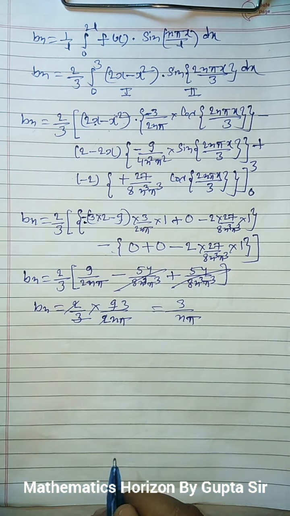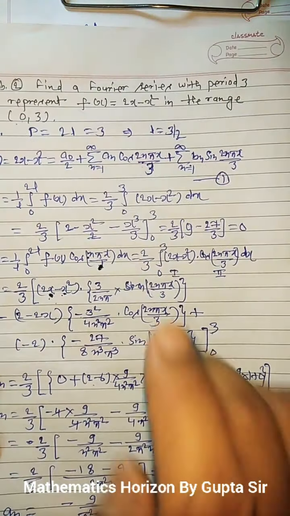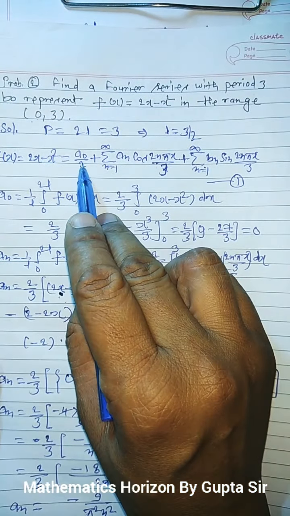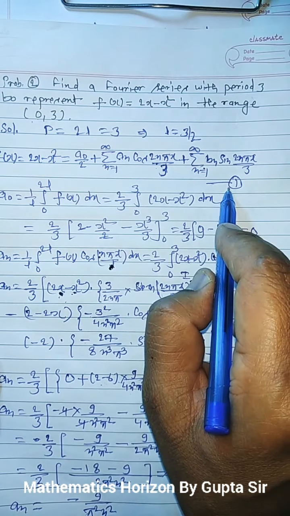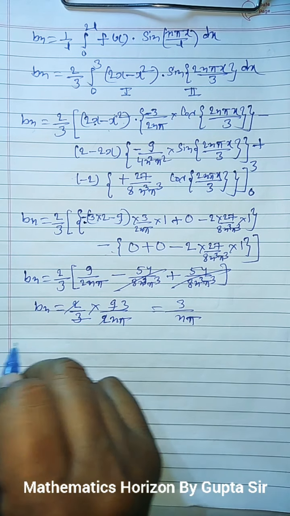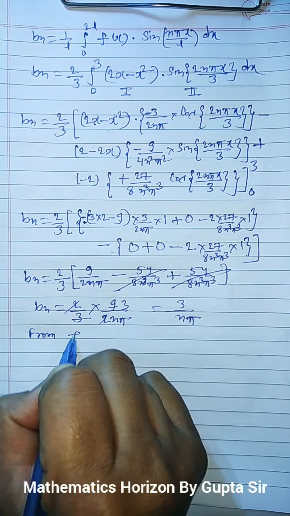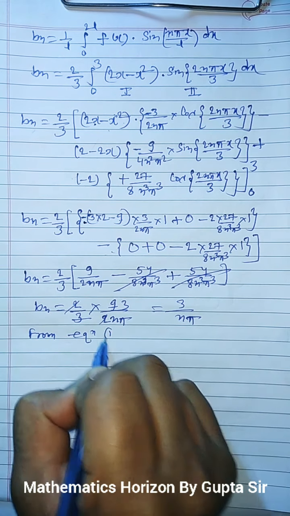Okay. Now from equation 1, what we have from equation 1? Here we have to put values of A0, An and Bn in equation 1.